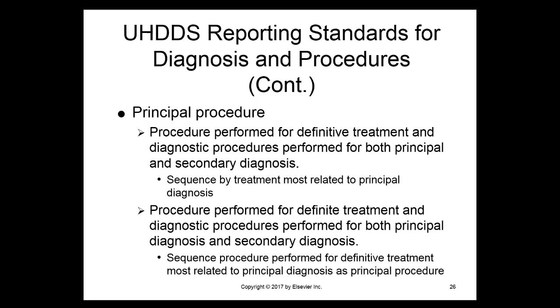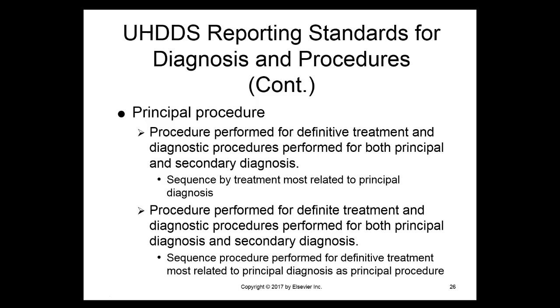First they have a breast biopsy, and then they have a mastectomy. The mastectomy is the definitive procedure, and it is sequenced before the biopsy of the mass. The biopsy of the mass is a diagnostic procedure to determine whether or not that patient has cancer. The definitive treatment is the mastectomy.